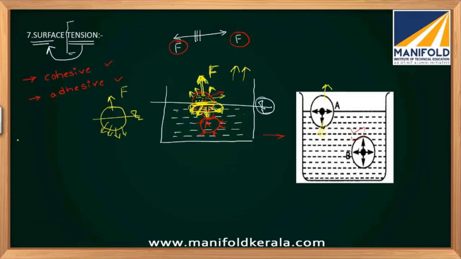So I'll clearly say surface tension force is tensile pull force per unit length. Units are Newton per meter. This surface tension will be due to cohesive forces of the fluid particle. Anyone has any doubts? This force is a line force.